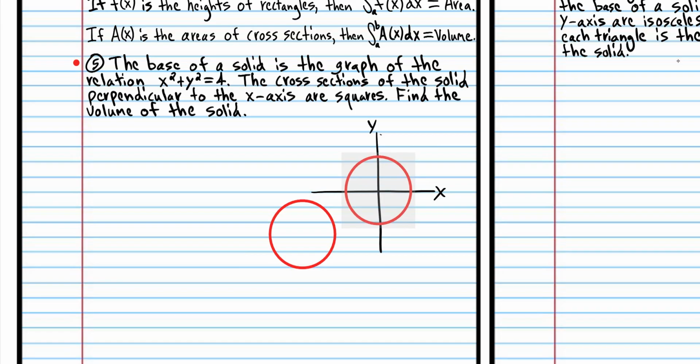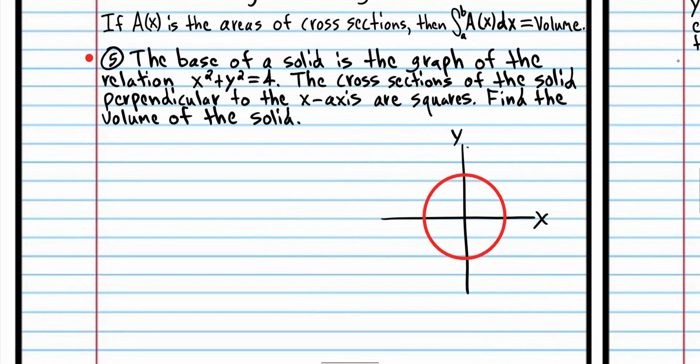Now, in case you don't remember, the standard form of a circle is x minus h squared plus y minus k squared equals r squared.